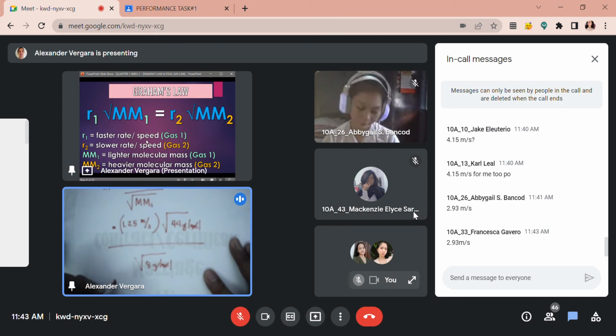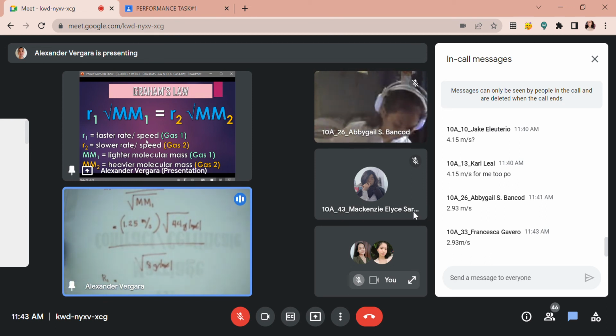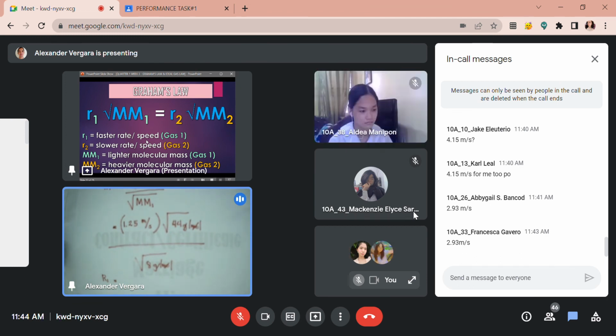So compute for R1. For those who have a calculator, what's the answer? Is it 4.15 or 2.93?